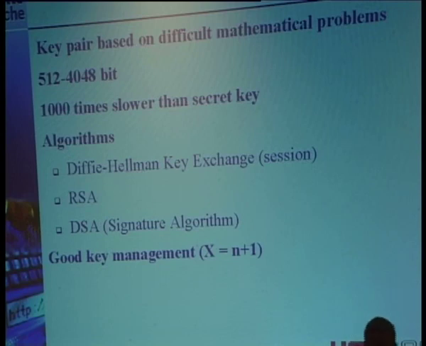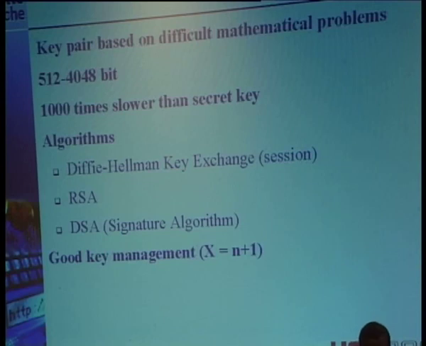Of course, you can use smaller key sizes or bigger key sizes, but that has some problems. The biggest problem is that asymmetric encryption is 1,000 times slower than secret key encryption. More about it later, how we can solve this problem. The algorithms: digital signatures, RSA, DSA, but there are more. But these are the most important algorithms.